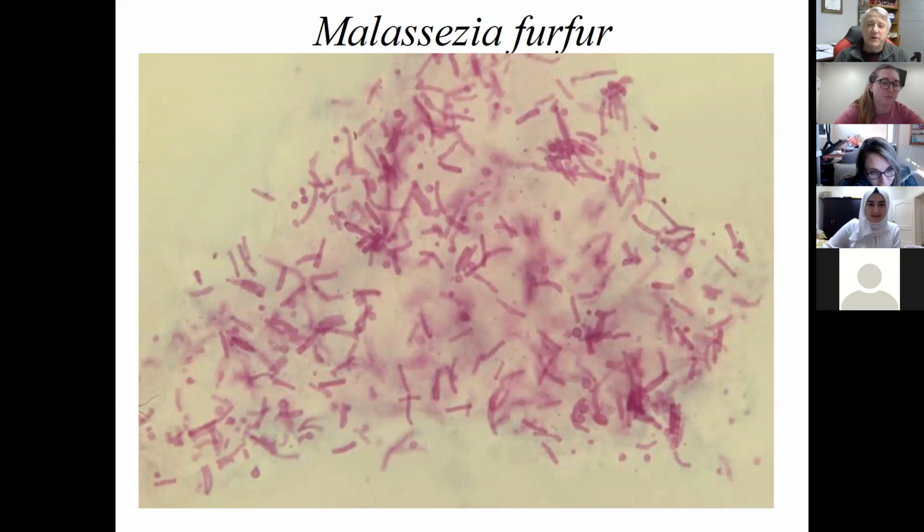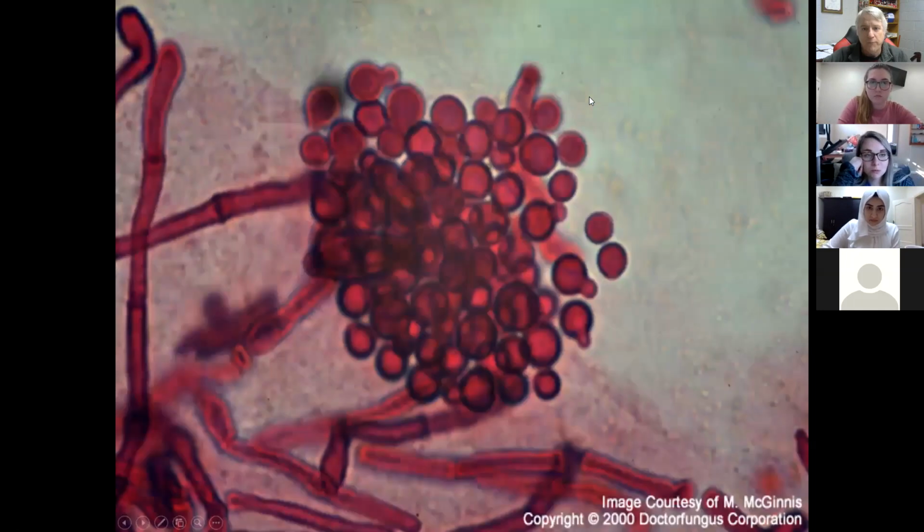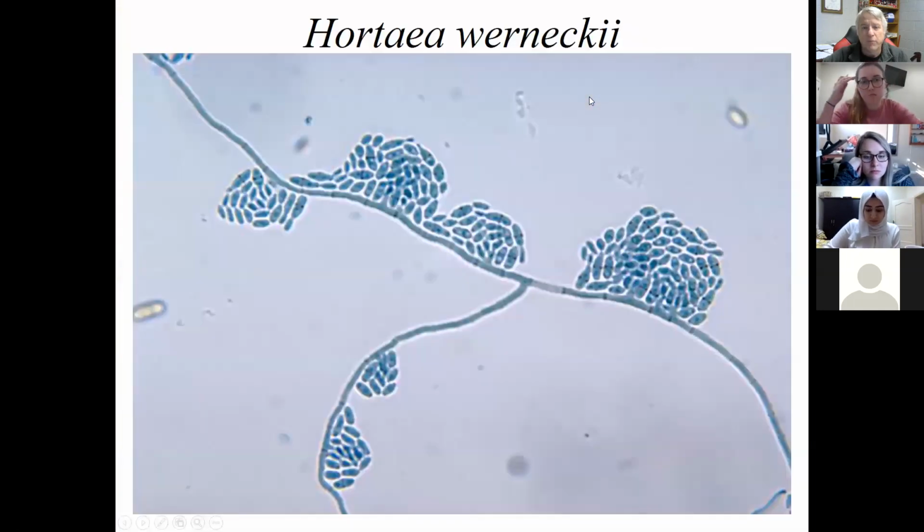There you go. That's what I was looking for. We've got some real great budding right here. It's stained, and it's really good to see it when it's stained, but you can see that in a wet prep, or you can see it in urine. Here's Hortea werneckii.